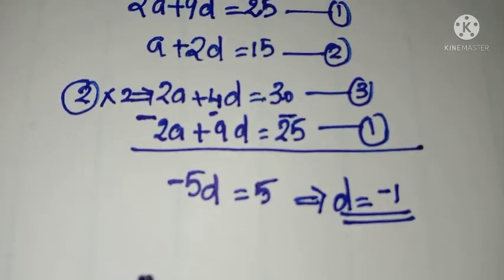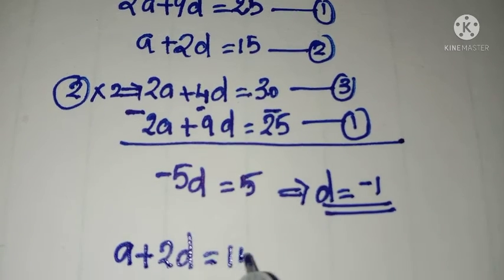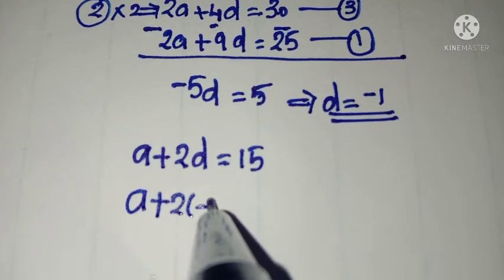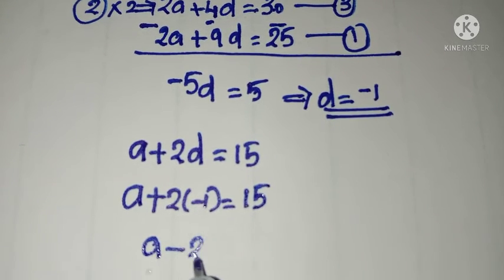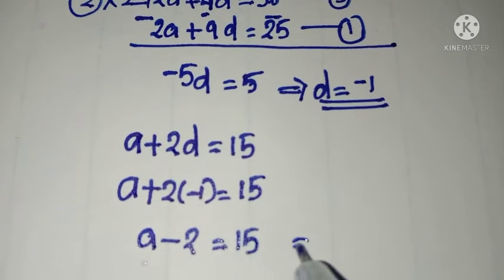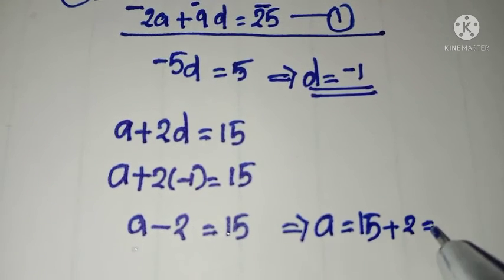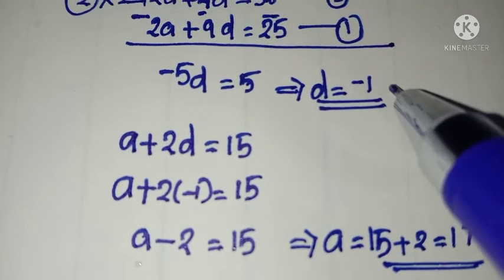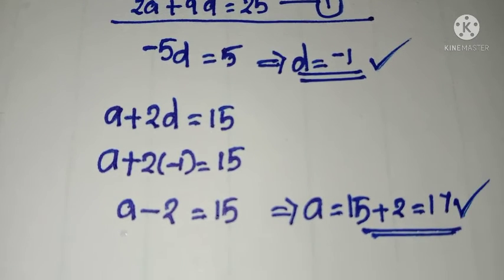Now consider one of the equations from here and put D is equal to minus 1. So A plus 2 into minus 1 equal to 15, or A minus 2 is equal to 15, or A is equal to 15 plus 2 gives 17. Okay, so common difference is minus 1, A is equal to 17.